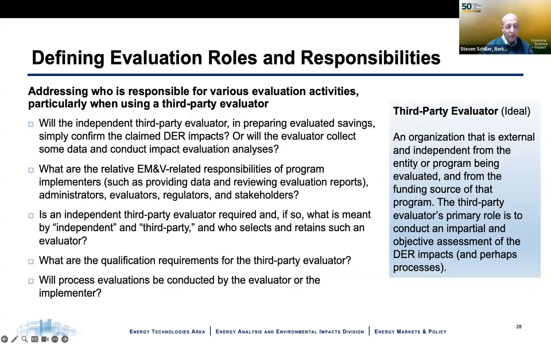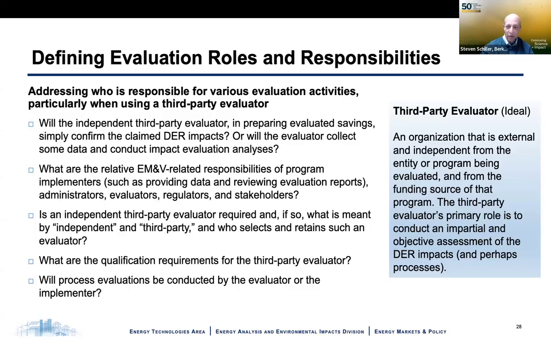Roles and responsibilities. I touched on this a little bit before, but one of the things you're going to need to do is define who is responsible for that evaluation effort. Basically anybody can do the evaluation. The ones administering the program can do their own evaluations, and the implementers can do their own evaluations. But sometimes a decision is made that you want some sort of independent third party to come in and take a look.